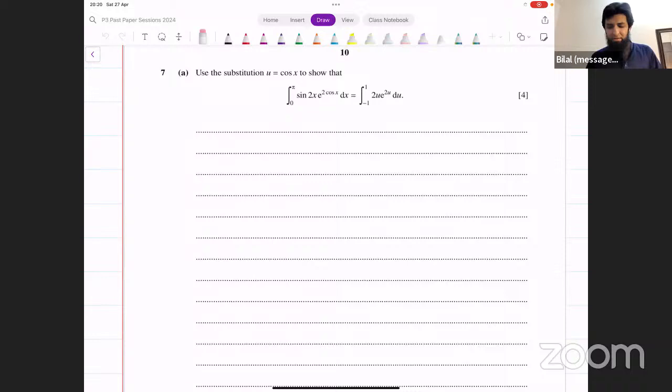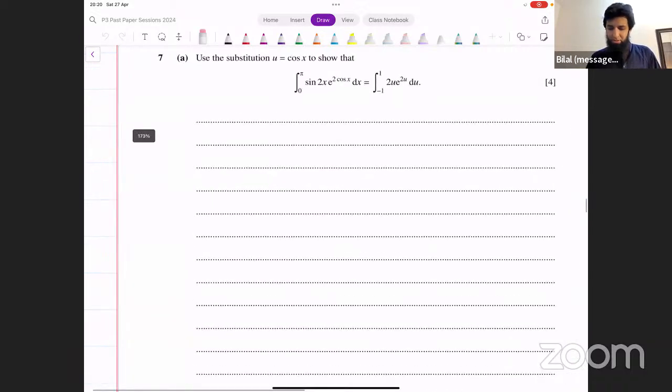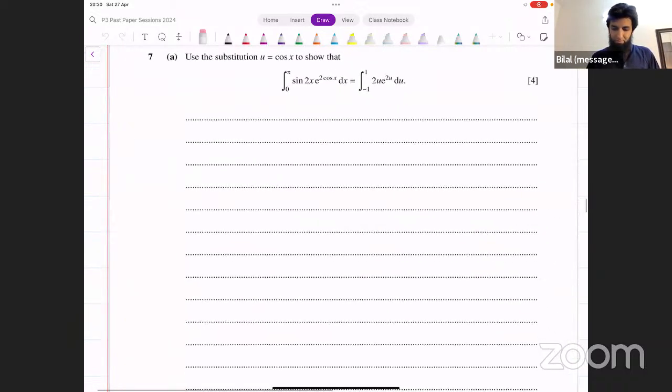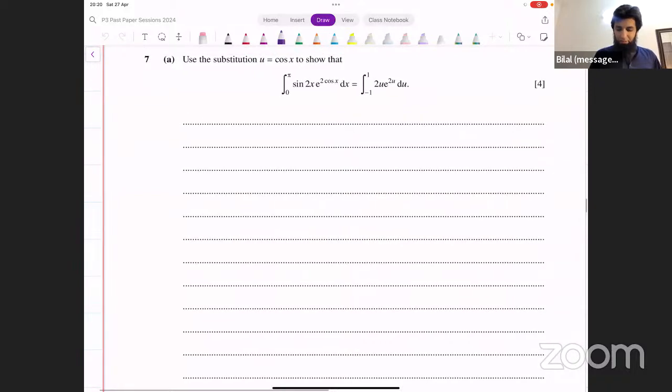It looks like a standard substitution problem. So what's the substitution that we've got to use? This is the integration. It says sine of 2x e raised to the power 2 cos x, we need to integrate this with respect to x. Limits are from 0 to pi. The substitution is u equals cos x.